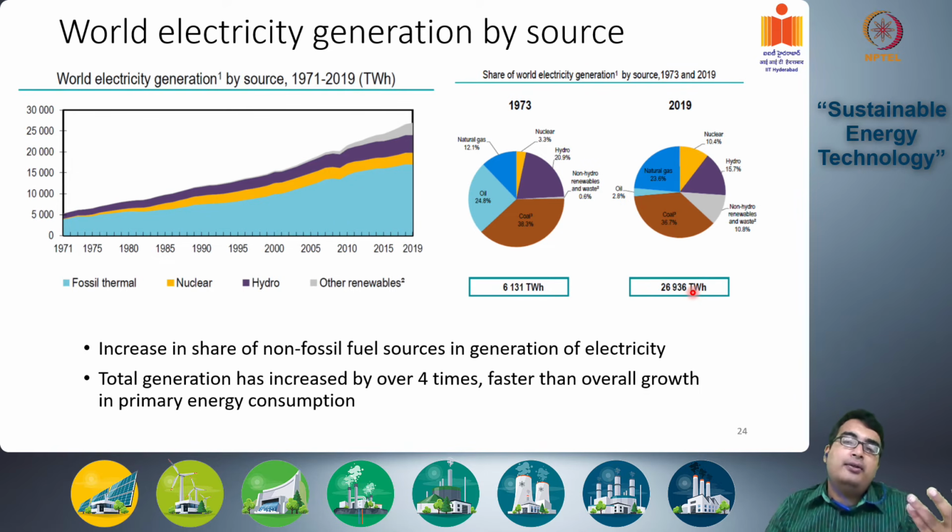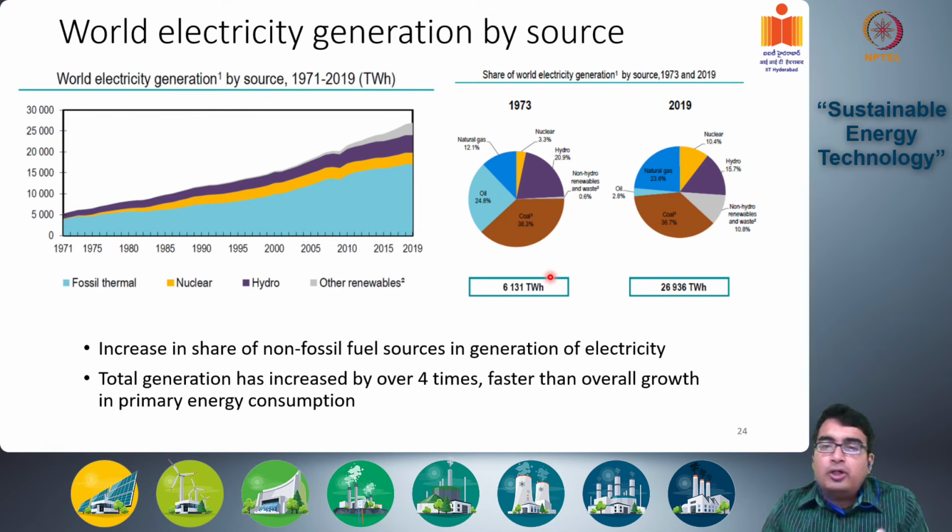So around a 3.4 times increase in electricity generation has happened between 1973 and 2019, and it is still driven a lot by fossil fuel based sources, like coal power plants, oil based production and natural gas based production.